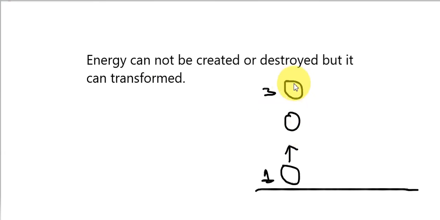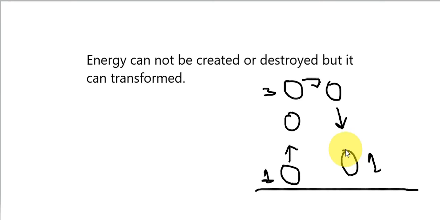When the ball reaches point 3, the ball will then move downward towards the ground again, point 1.